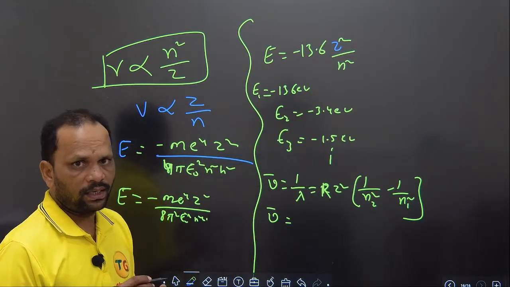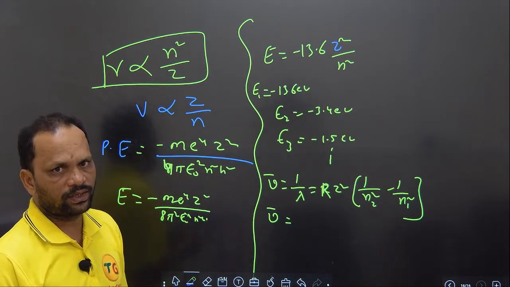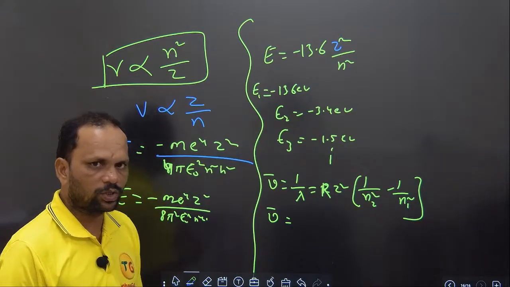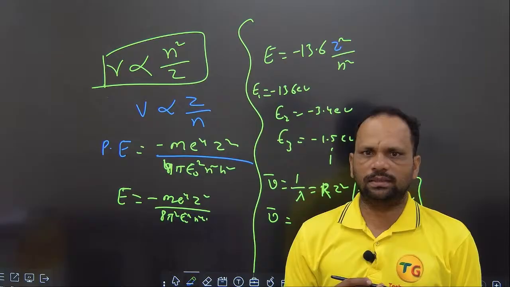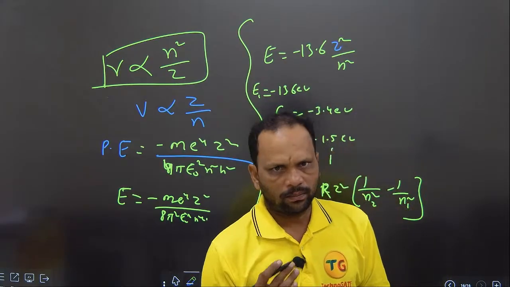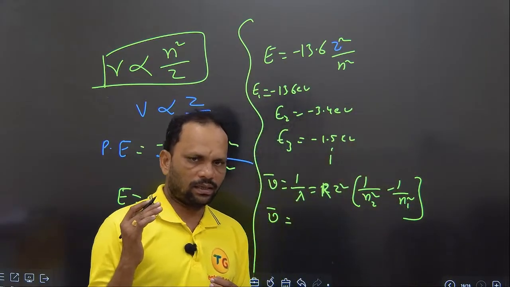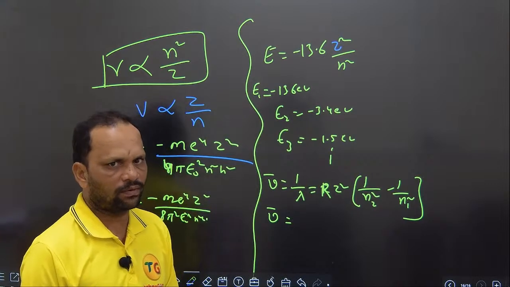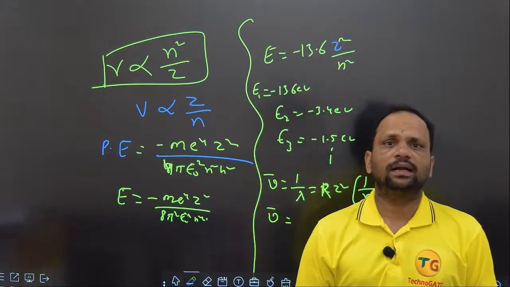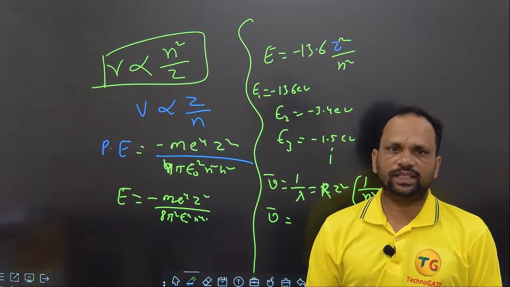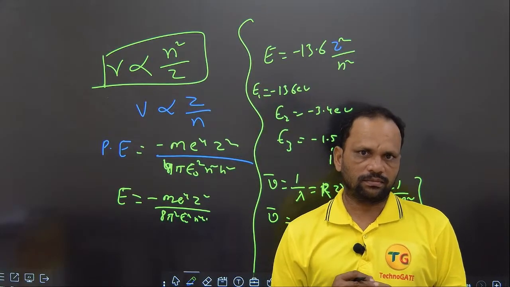Then finally, the limitations of the Bohr model. It is restricted only to single-electron systems. It is not applicable for multi-electron systems, and it doesn't explain the Zeeman effect, Stark effect, or the fine structure of the hydrogen spectrum.